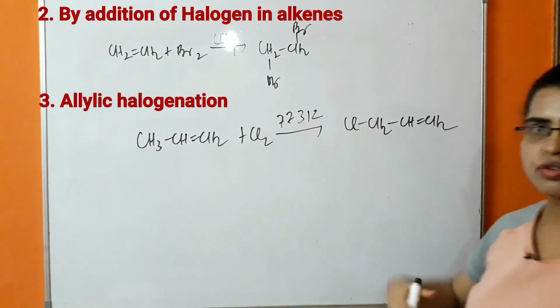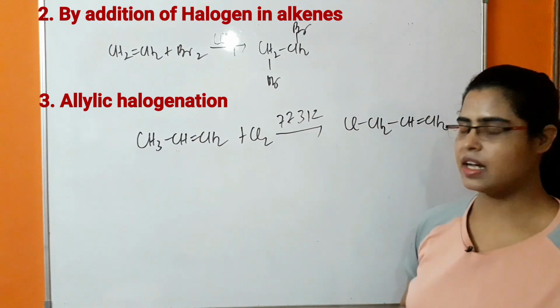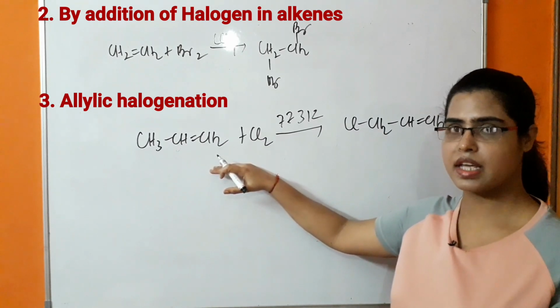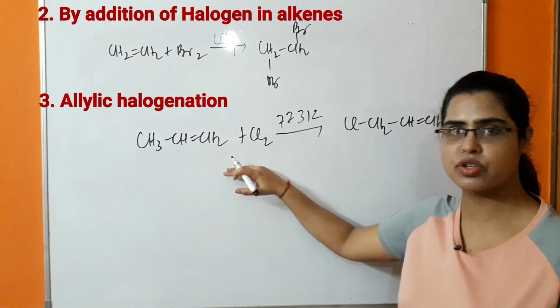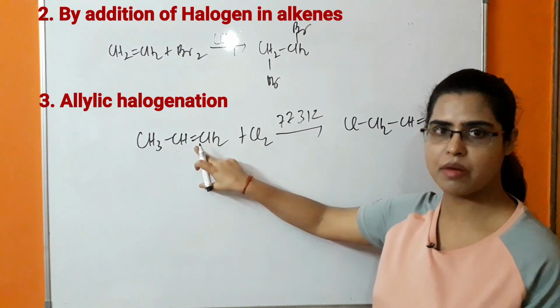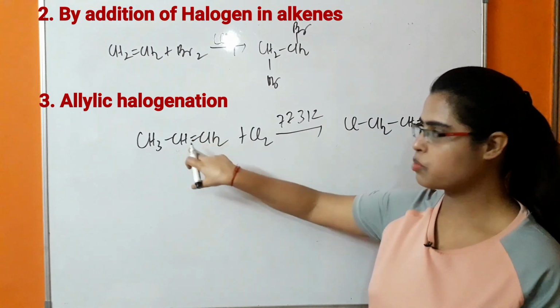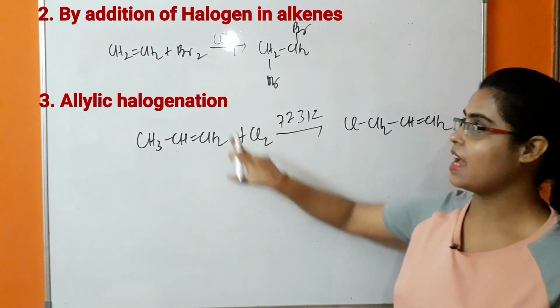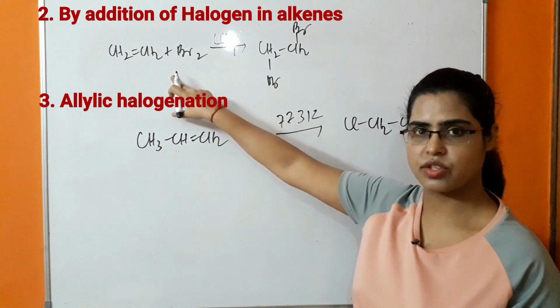In this case, a question generally asked is, why is addition of halogen not taking place? Why is substitution taking place when there is a double bond present? Why is halogen not added at the double bond position as in the case of the above reaction?